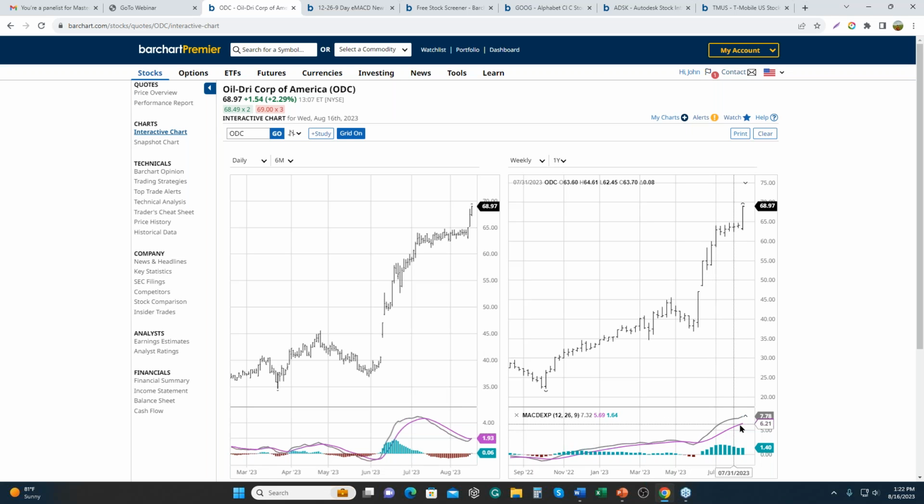Our weekly momentum is still very strong, the histogram is in blue, and both our signal line and our MACD line are above the 0 line. This is a sign that at the weekly level we are still trending higher. So what we could do is discount that negative divergence because we're getting support from our weekly time frame.